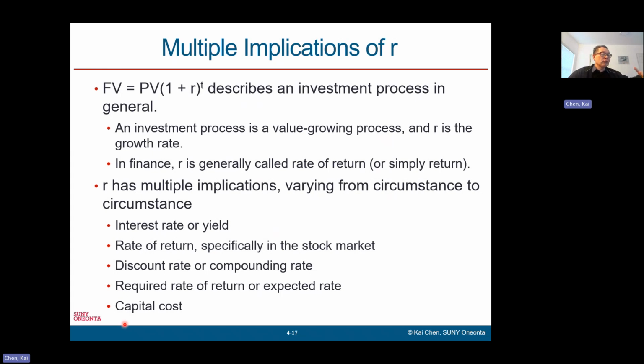From the borrower's perspective, the interest rate is the cost the borrower has to pay to the lenders. In this sense, interest rate represents the capital cost. So in this case, the R is also called the capital cost. Anyway, in the remaining study, we are going to look at these multiple implications of R so that we have a better understanding of R.